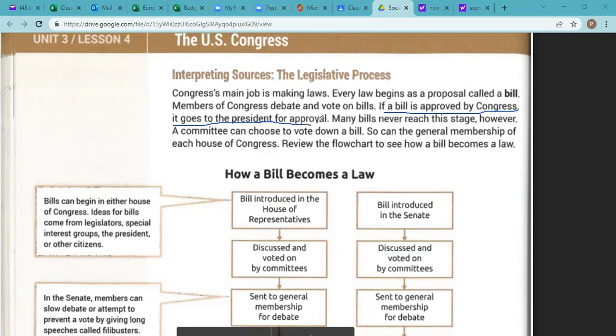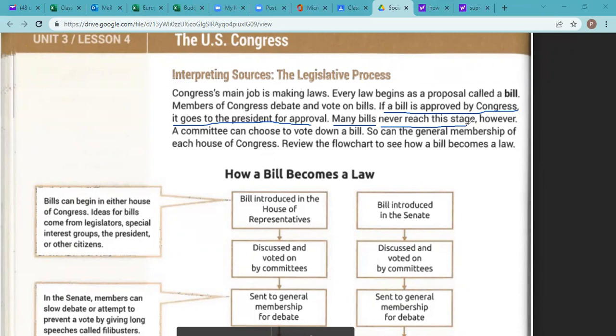Many bills never even reach this stage because they have to go through the House and the Senate. And you're going through two major parties, maybe some additional parties, but primarily Democratic and Republican. So that's why you don't see a lot of bills changing very quickly or getting approved, and you don't hear a whole lot about them.